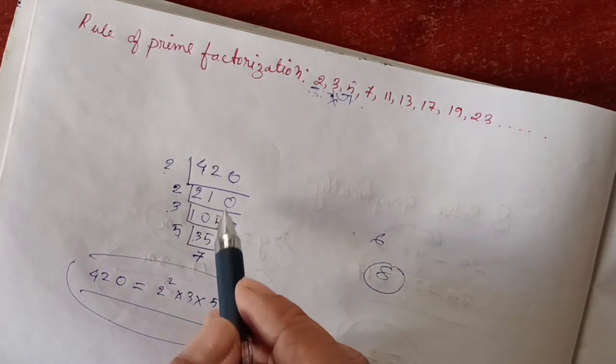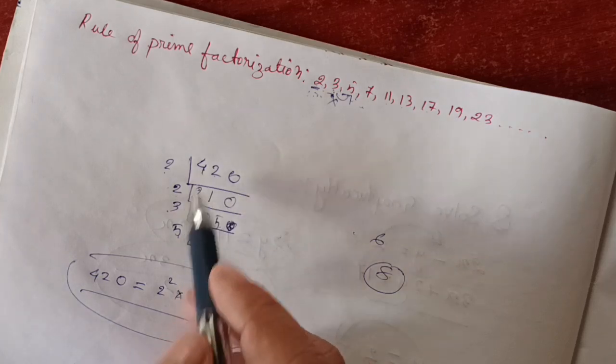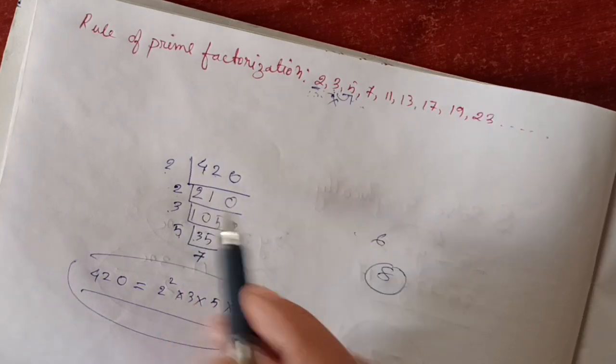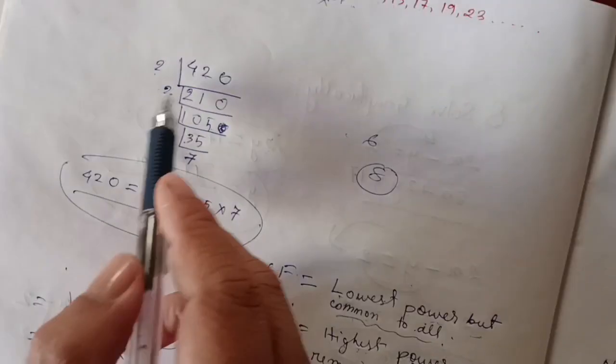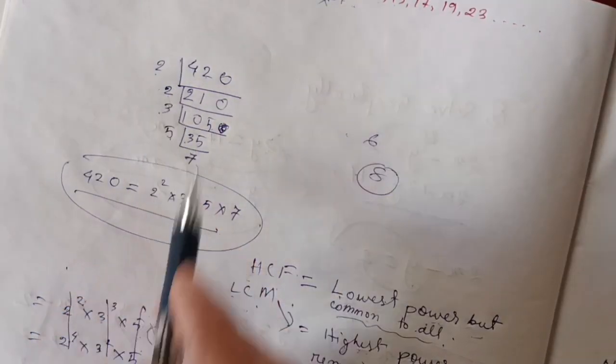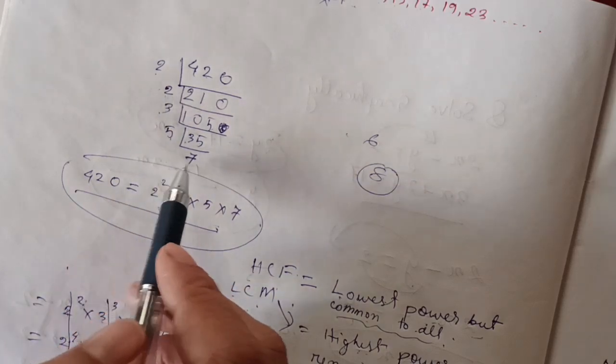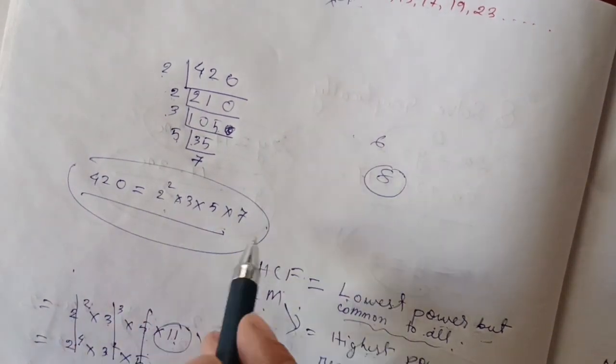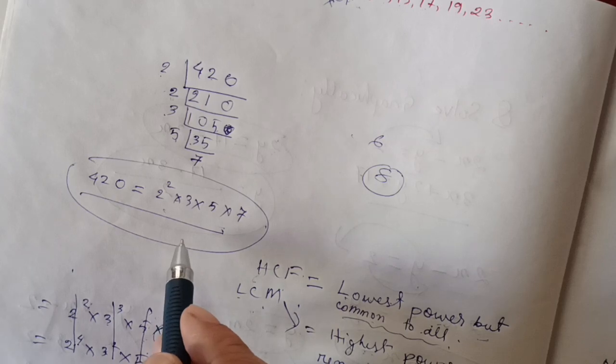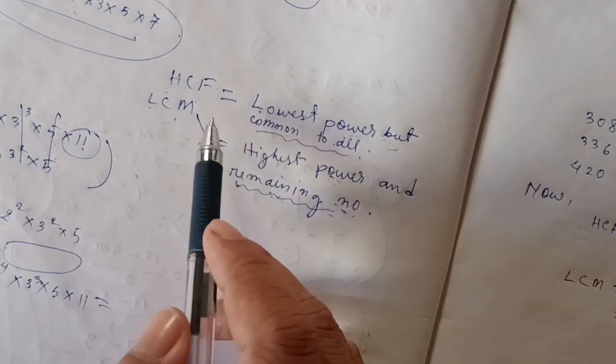By that you try to complete the prime factorization. Then after that you write down all the numbers here. Then how many 2's are there, how many 3's are there, how many 5's are there, you select that and then you write it down.